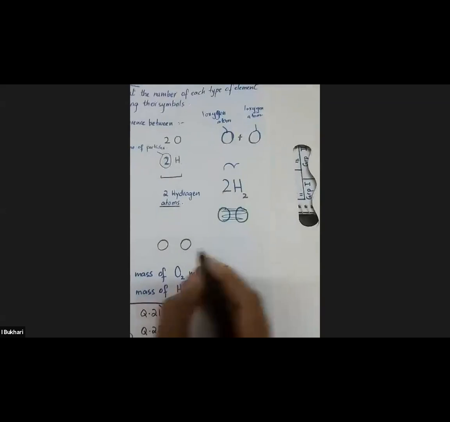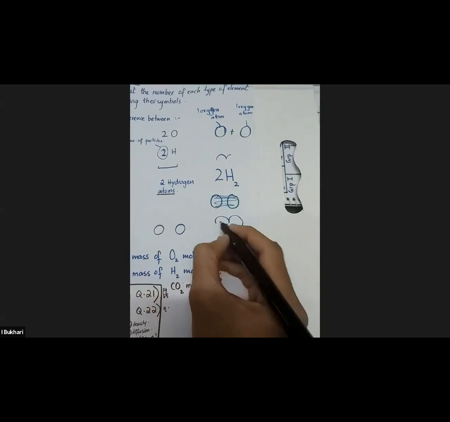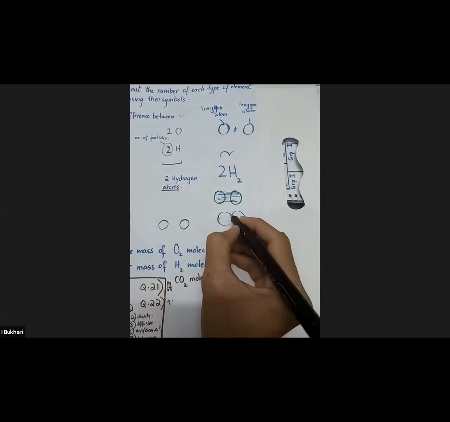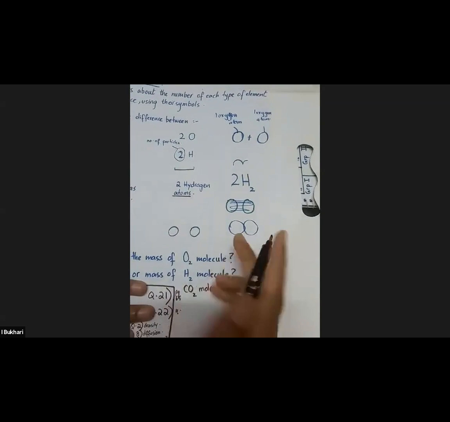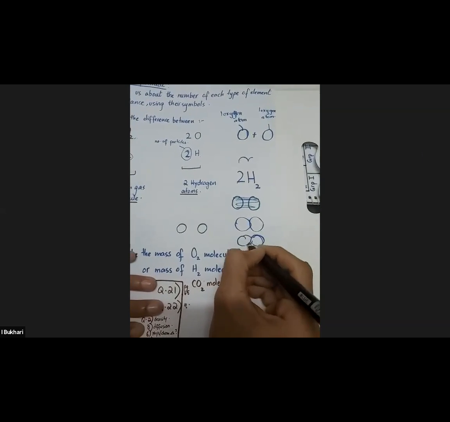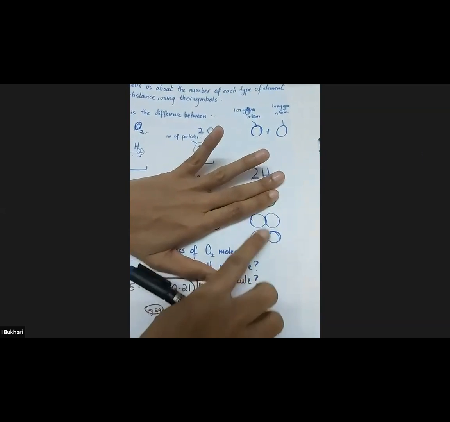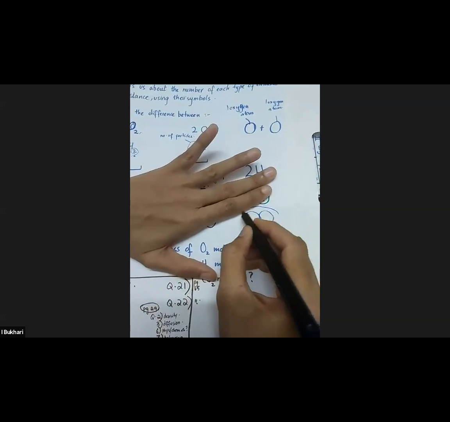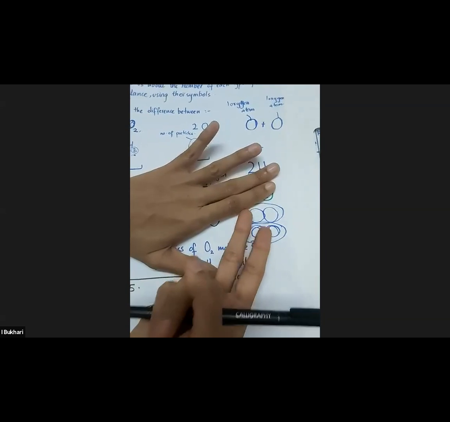One hydrogen molecule is probably this way, physically joined together, and now there are two of them. So forget this. This is one molecule, this is another molecule. So I have two hydrogen molecules.